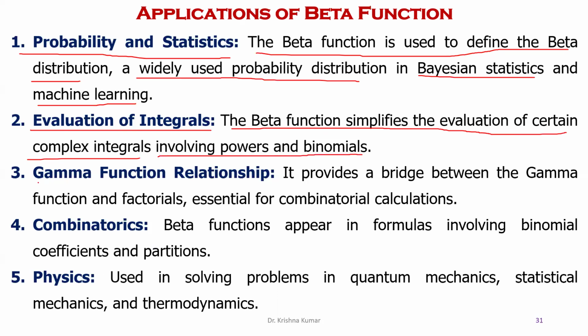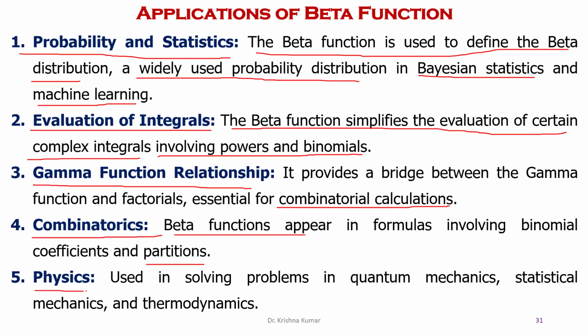The third application is gamma function relationship. It provides a bridge between the gamma function and factorials, essential for combinatorial calculations. And then combinatorics: beta function appears in formulas involving binomial coefficients and partitions.